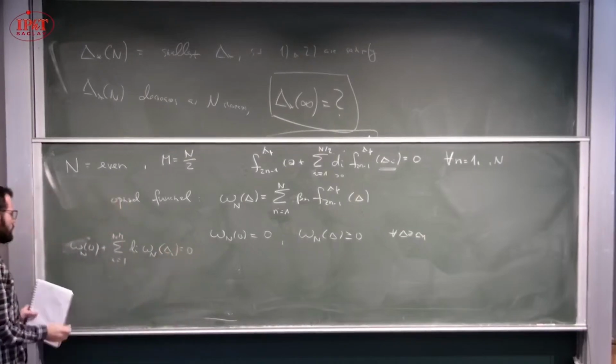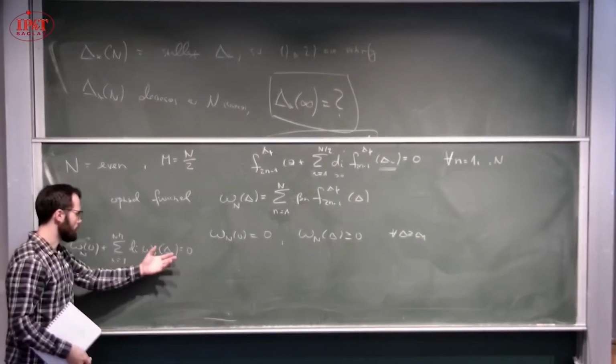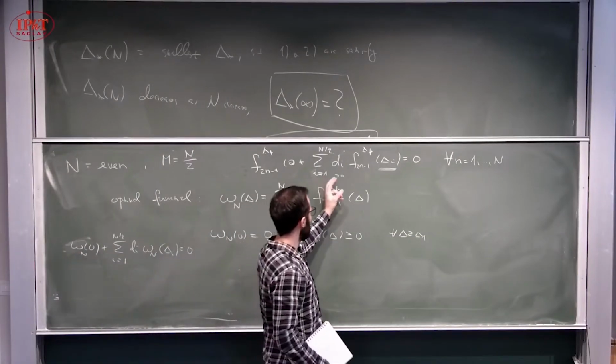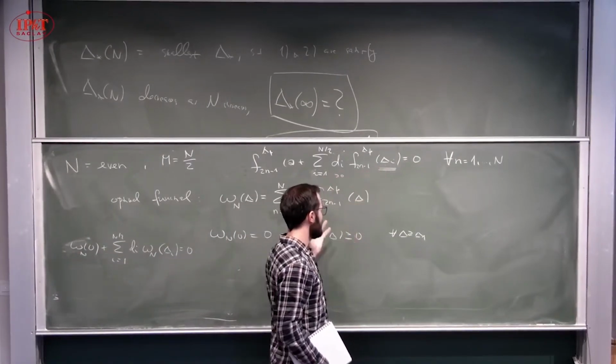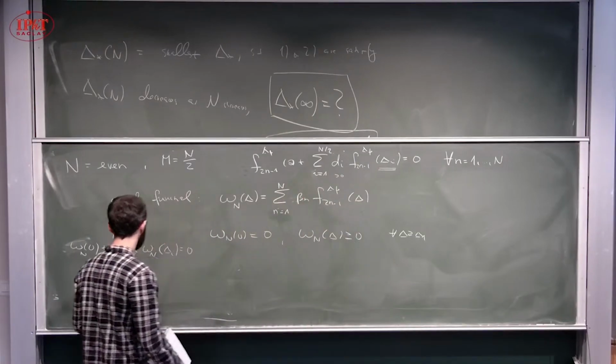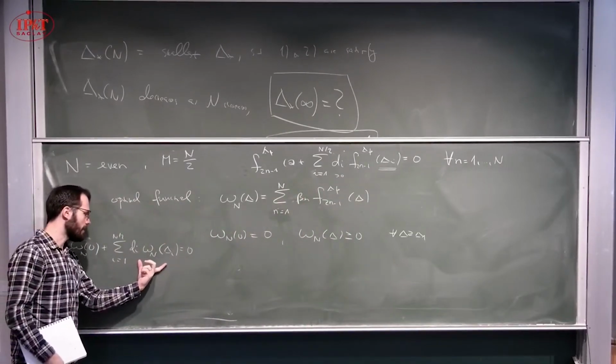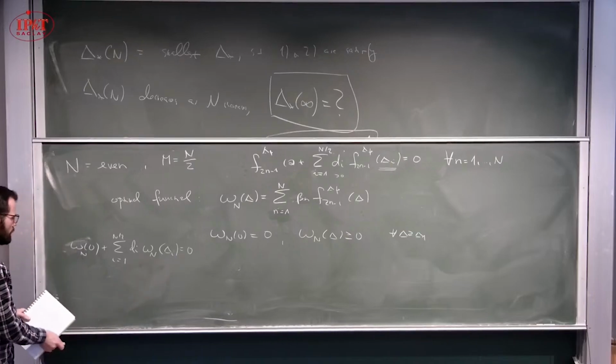Because there is an actual solution of this equation. But now, since all of the additional deltas are above delta 1, this term is 0, and all of these terms are non-negative. They actually all have to vanish.